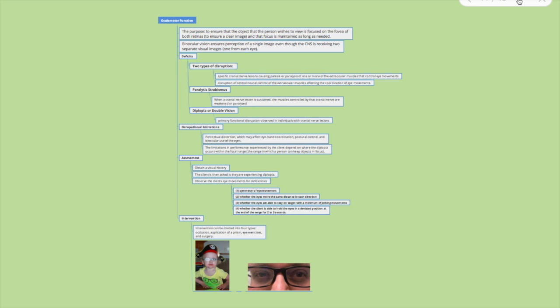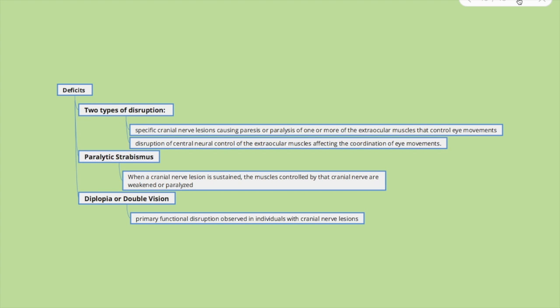Oculomotor functions: the purpose is to ensure that the object the person wishes to view is focused on the fovea of both retinas, and that they're able to focus for the amount of time that's needed. There are two different types of deficits: specific cranial nerve lesions causing paresis or paralysis, and disruption of the central neural control of the extraocular muscles, affecting the coordination of eye movement.